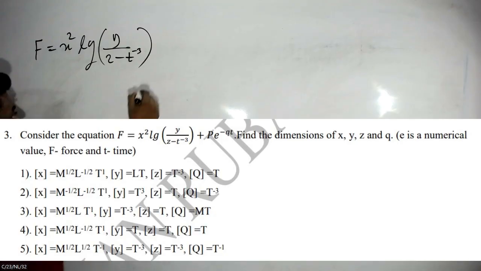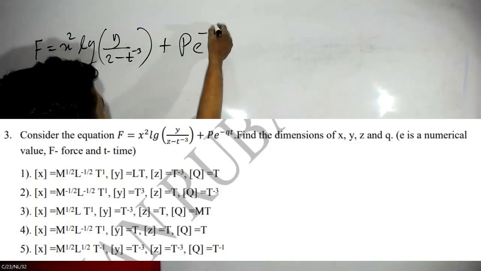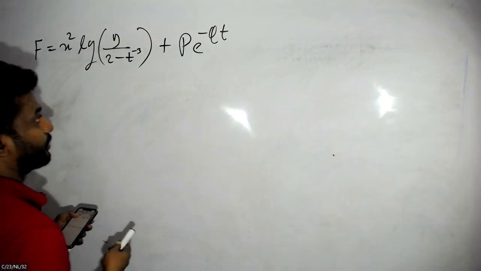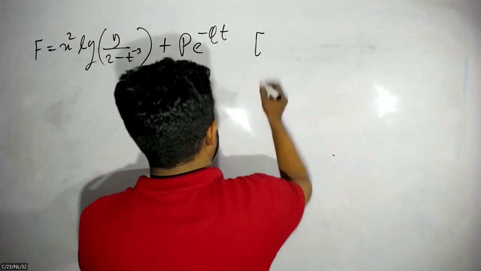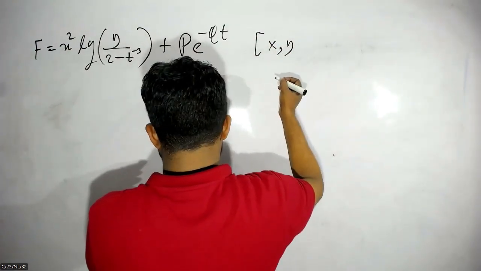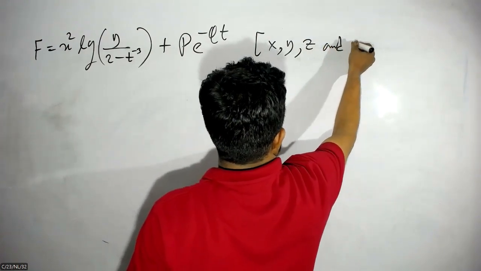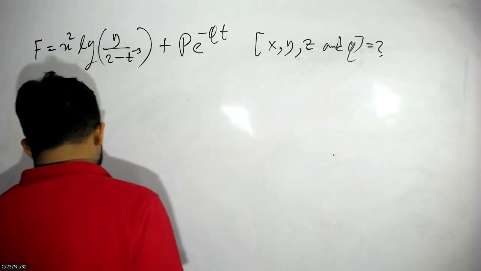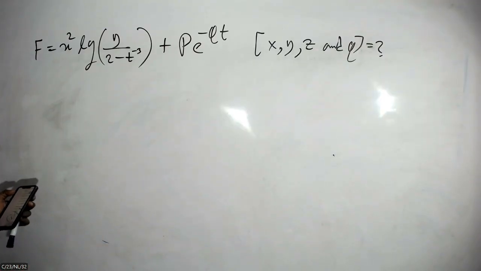Then plus PE minus QT, right? Today, find the dimensions of X, Y, Z, and Q. You have to find the dimensions of X, Y, Z, and Q. And they have given a numerical value. Is a numerical value, right?